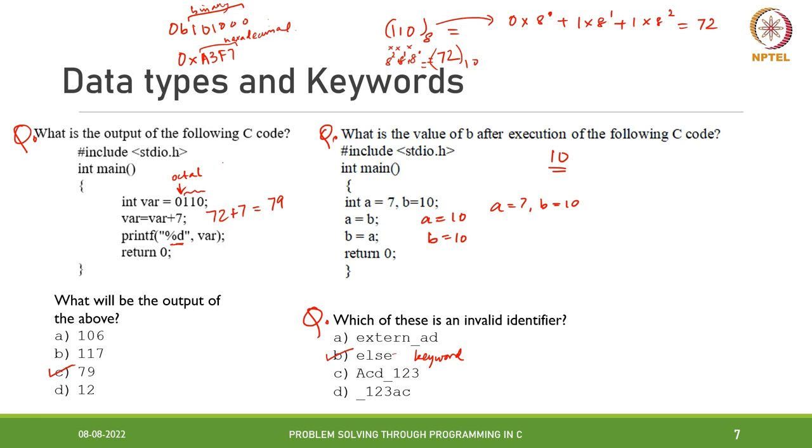Yes, if you are initializing it the way it has been done here and it starts with a 0, that means the compiler understands that you are trying to give an octal input. Not binary or hexadecimal or decimal, but octal. Similarly, for binary it will be 0b. For hexadecimal, it will be 0x.